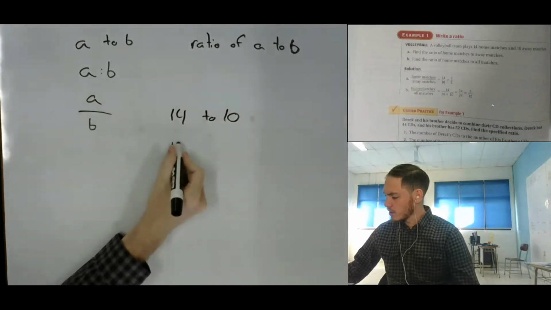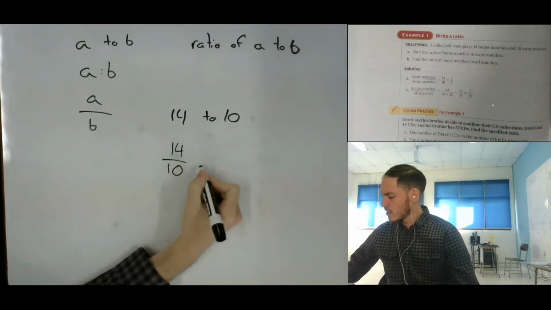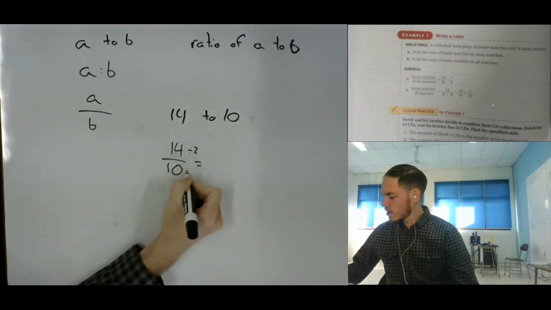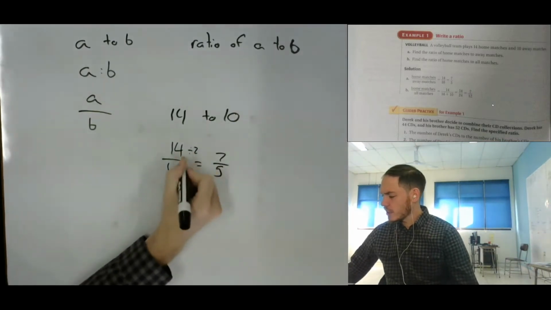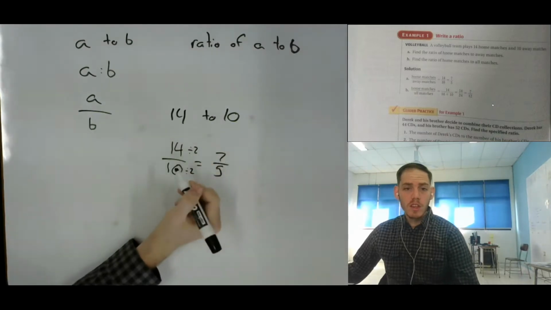Well, we turn this into a fraction, it's easier. 14 over 10, and then we can divide both of these by 2, and get 7 over 5. Do you need to write this necessarily? No. I'm okay with you going 14 over 10 equals 7 over 5.